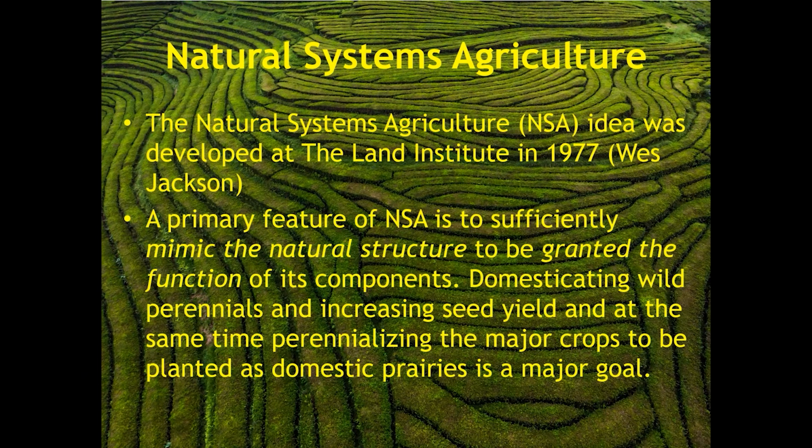And I also saw in that paper that the emphasis is more on perennial crops and increasing seed yield rather than on the use of annual crops. Now, I couldn't find much information on practitioners of natural systems agriculture, so this is the limited amount of information I have on natural systems agriculture.